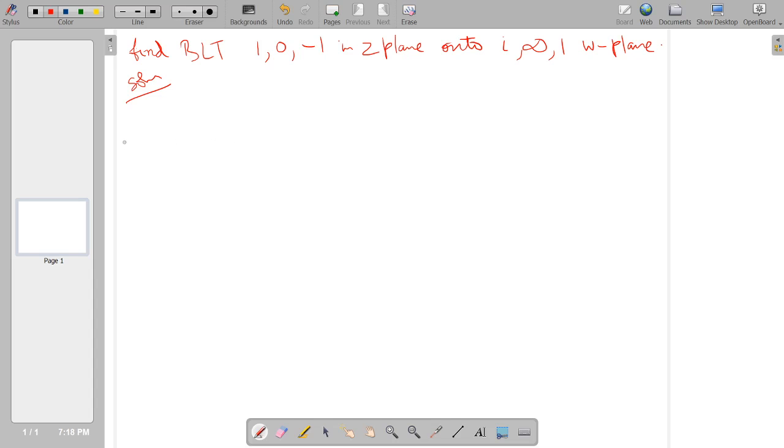And if I want to find the bilinear transformation, I should remember the cross ratio formula.